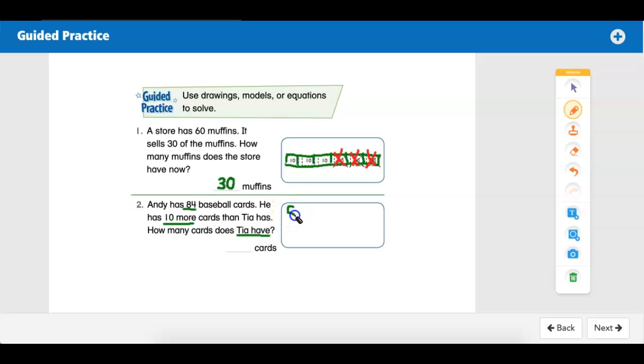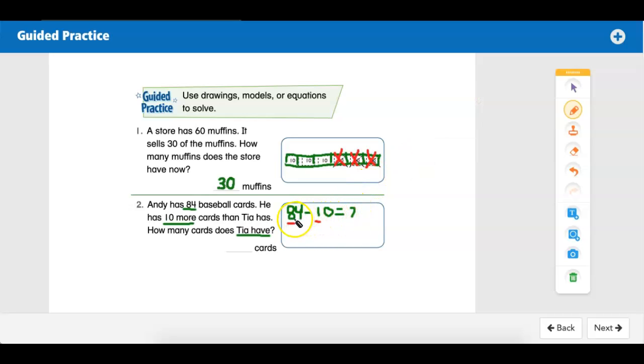We could take the total number of baseball cards that Andy has, subtract the 10 more that he has than Tia to find our answer. If I begin by subtracting my tens, 8 minus 1 is equal to 7.